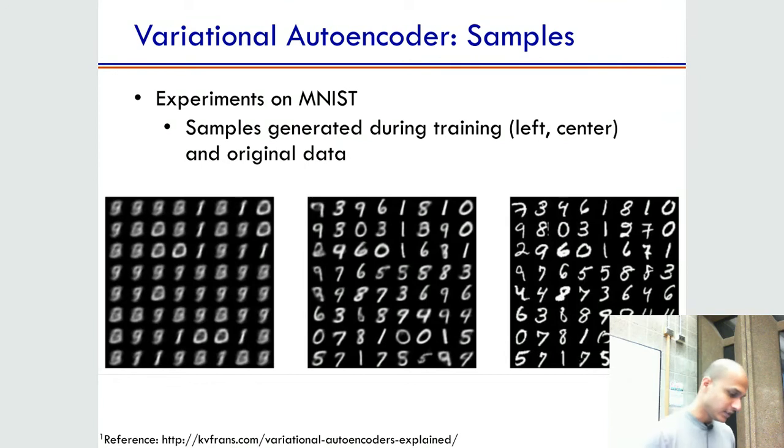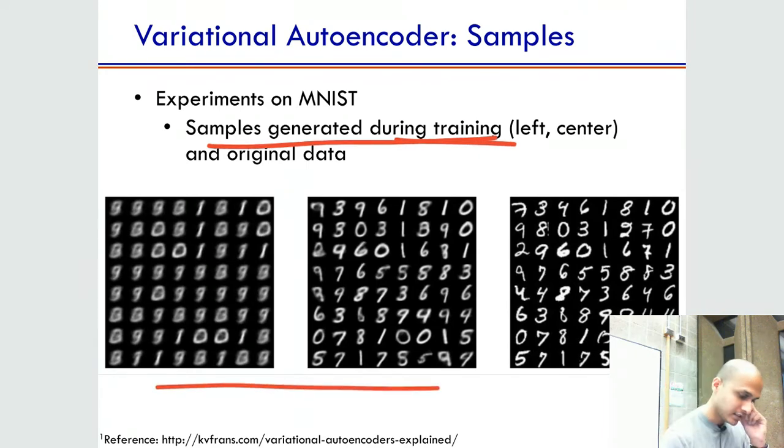I don't think I shared an example of VAE-based code on the syllabus page, but there is actually a PyTorch VAE example on MNIST itself. I didn't run it beforehand, but this is an example of samples generated during training, left and center, and this is the original data.